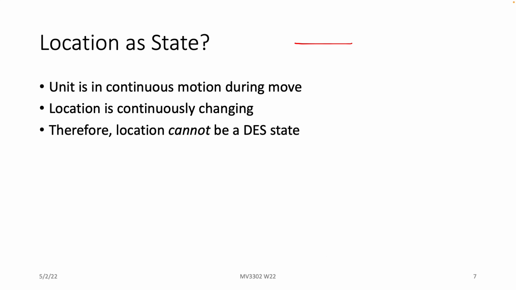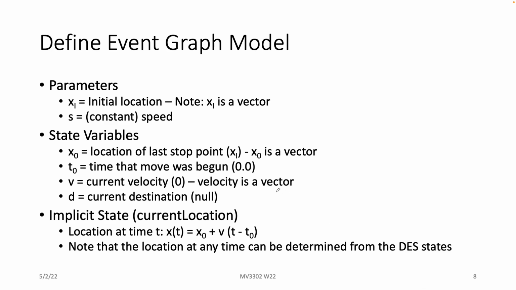Okay, so we're screwed. Or not. Let's see how we would define this as an event graph model. The key has to do with how we're defining our states.